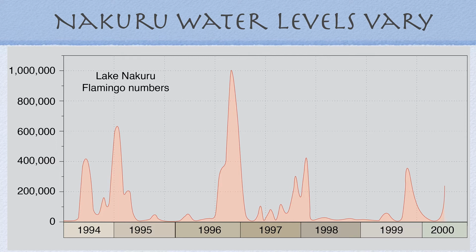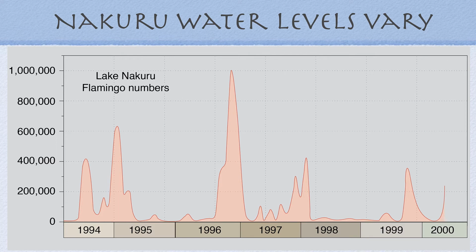Whereas in 96, Arthrospira numbers were quite high, a good source of food for the flamingos, and so the number of flamingos that moved into the lake was quite high. And of course this is a problem with all mesohaline, schizohaline, perennial shallow water systems. Salinities fluctuate, and the biota fluctuates as the salinities fluctuate.